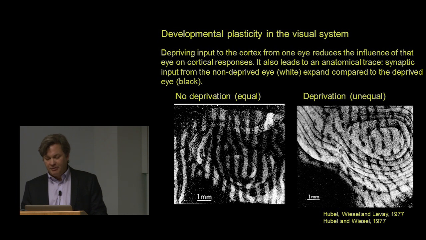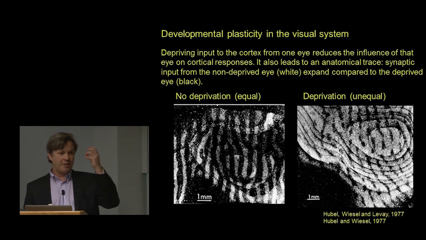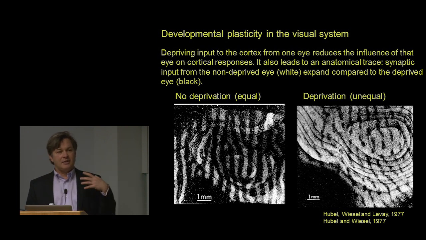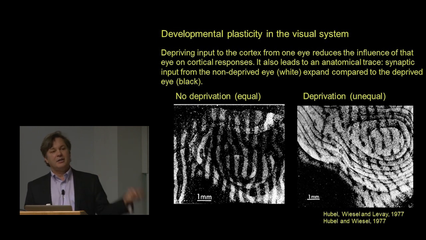And this was a lovely paper by Simon LeVay in their lab, who demonstrated by injecting a radioactive tracer in one eye and then looking downstream, this tracer was transported from the eye to the thalamus all the way to the cortex, and when developed in the proper way, they could demonstrate the anatomical connection from that eye disynaptically into the cortex.